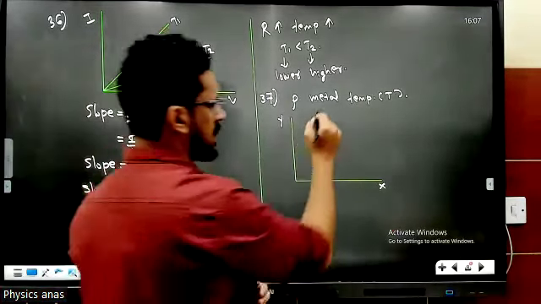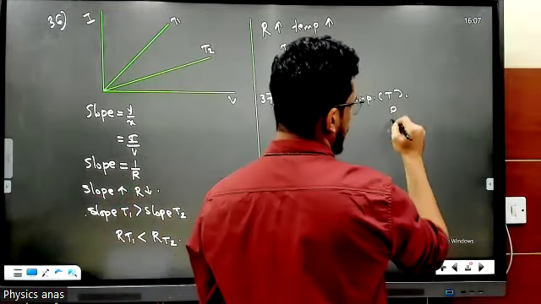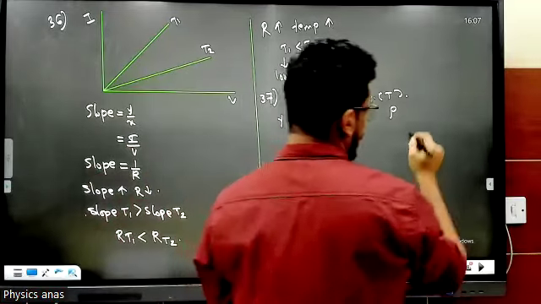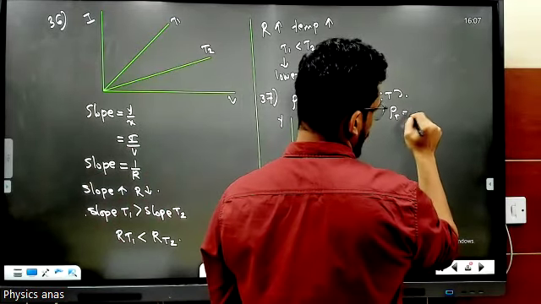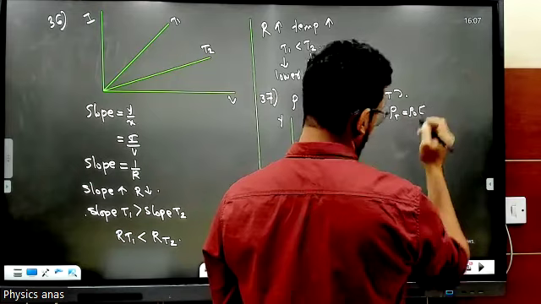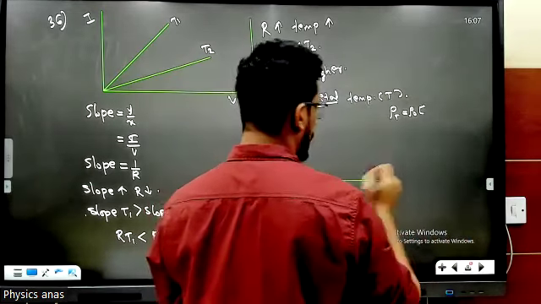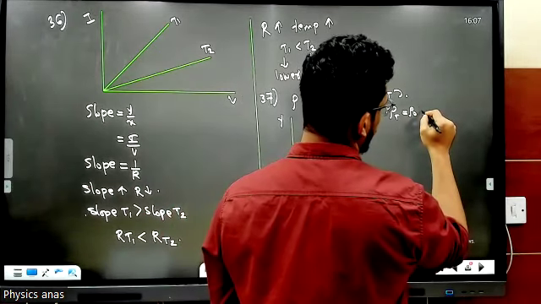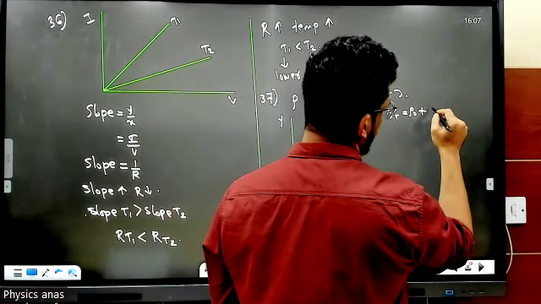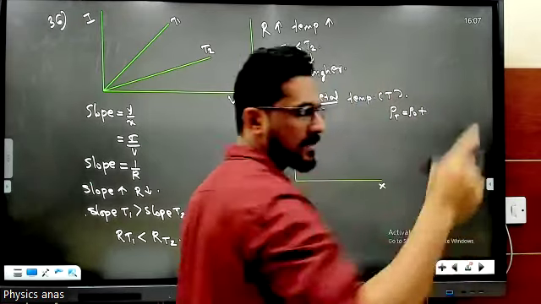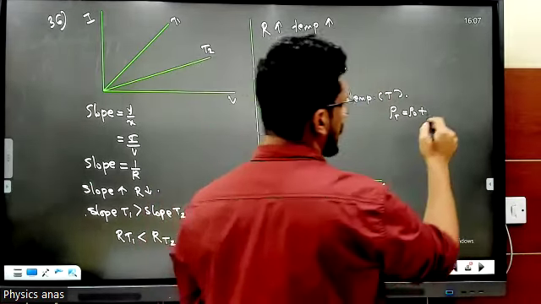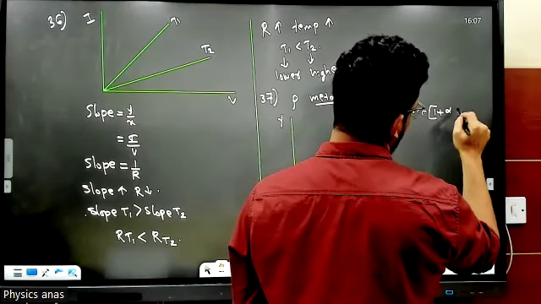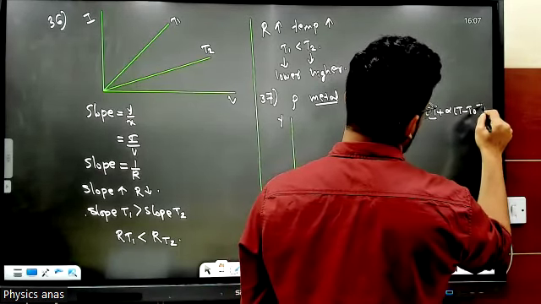And for metals, the relation between resistivity and temperature is rho T is equal to rho 0 into 1 plus alpha into T minus T0.